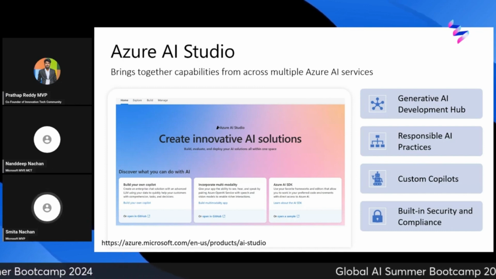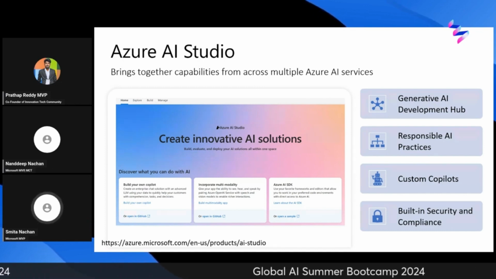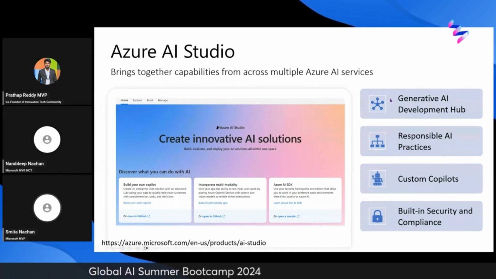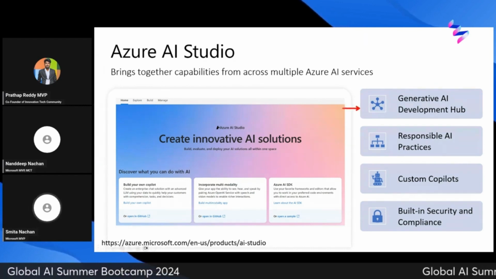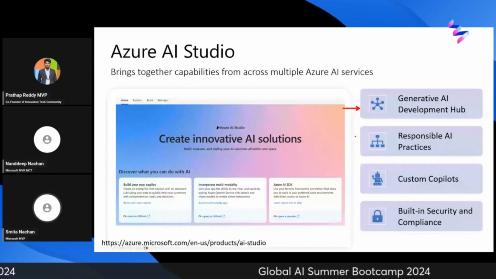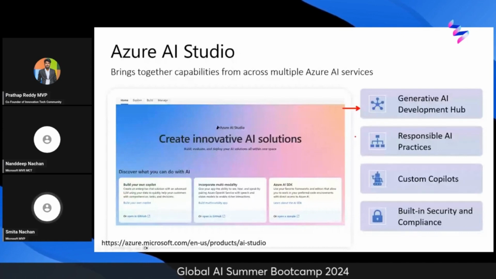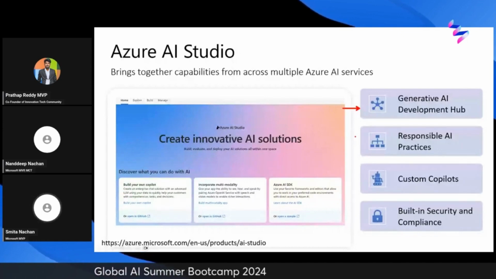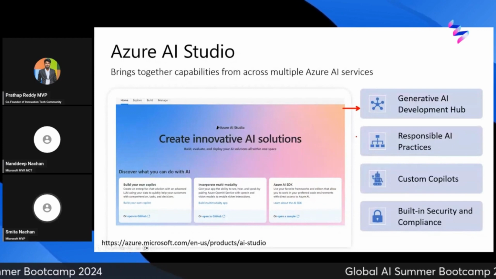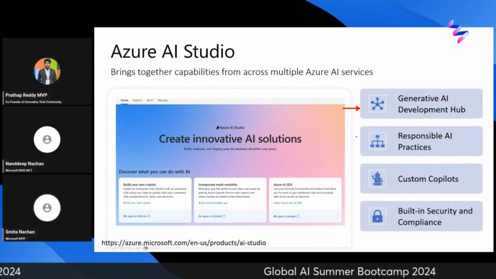So here are some of the key features of the Azure AI Studio. So the first one is a generative AI development hub. So the Azure AI Studio serves as a hub for creating, evaluating, and deploying generative AI solutions. Whether you are a seasoned developer or just starting out, you can leverage the cutting edge AI tools and the machine learning models within this platform.